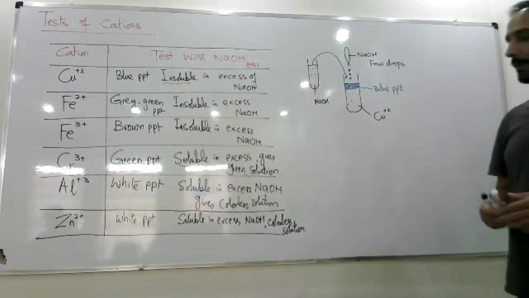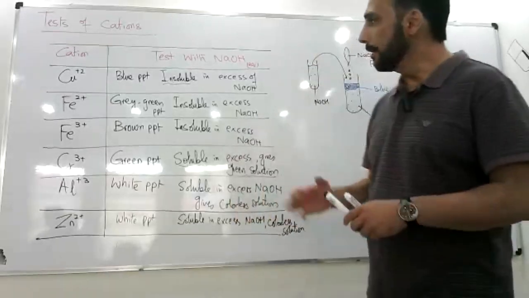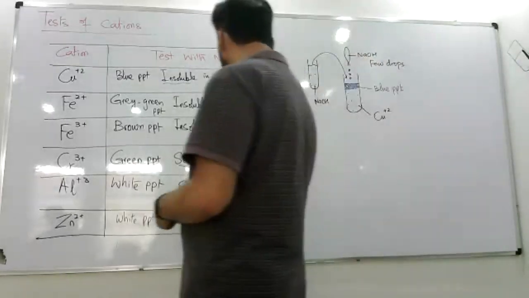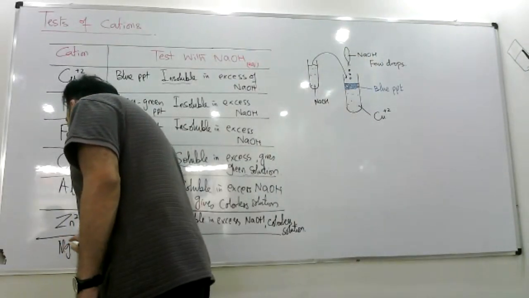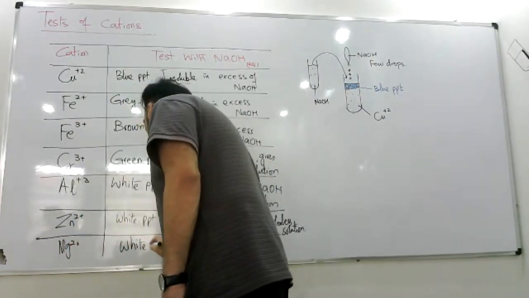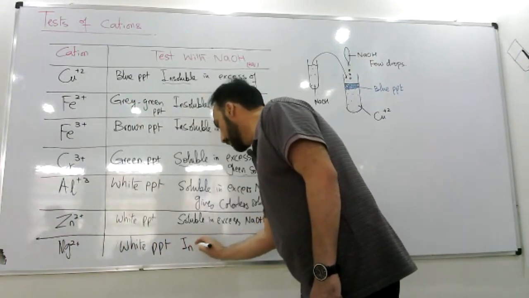So we have one more to add in this table, and then there is this ammonium ion. उसका टेस्ट थोड़ा फर्क है, उसको मैं separate लिखूंगा. And magnesium ion forms white precipitate, and that is insoluble in excess of NaOH.